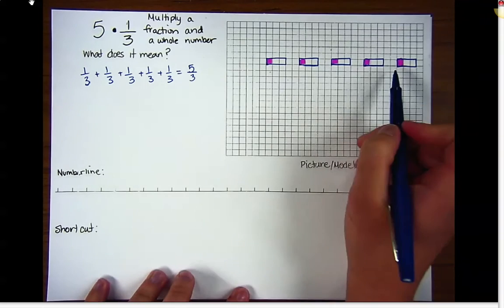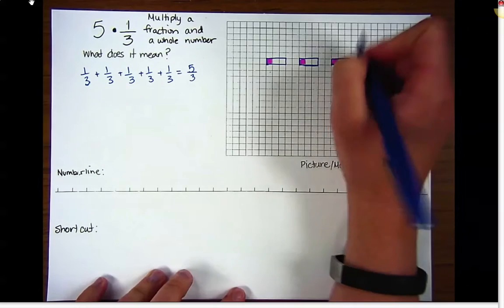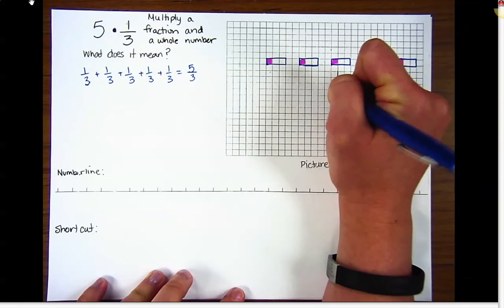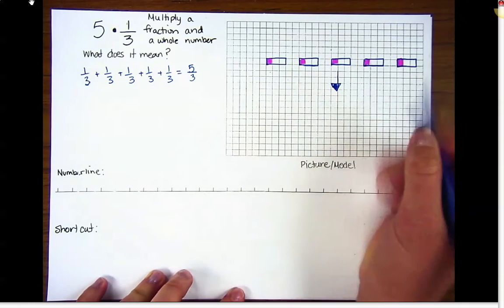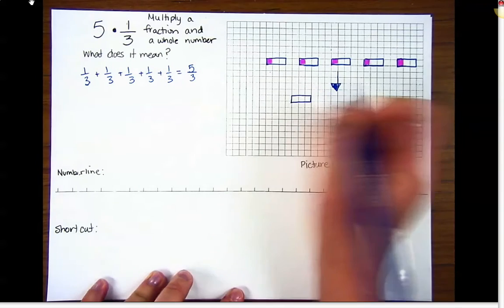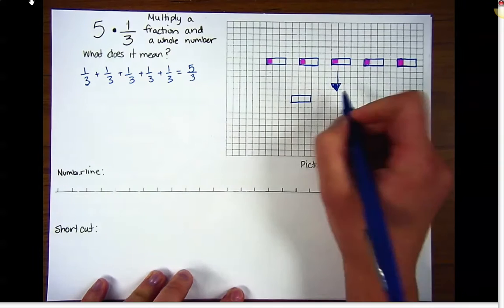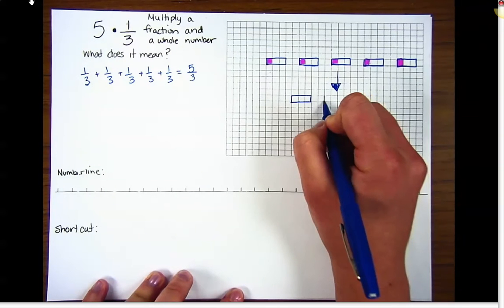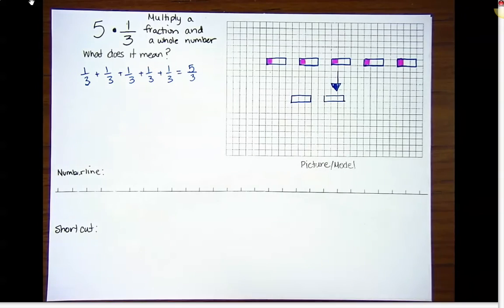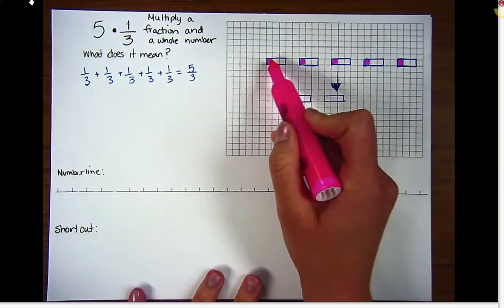Now let's combine them to actually see how much we have. I know that 3 make a whole, so I'm going to draw a whole piece. And I can see that clearly I'm going to need more than 1 whole piece, so I'm going to draw 2 of them. Back to my colors. I have 1, 2, 3.